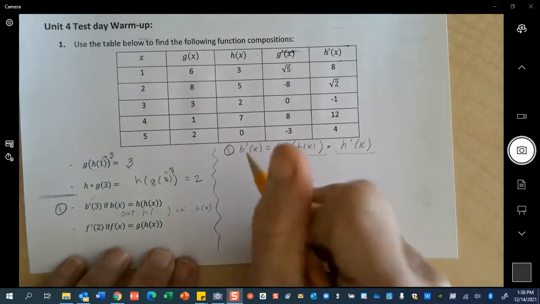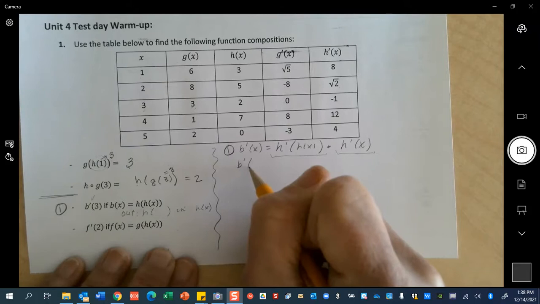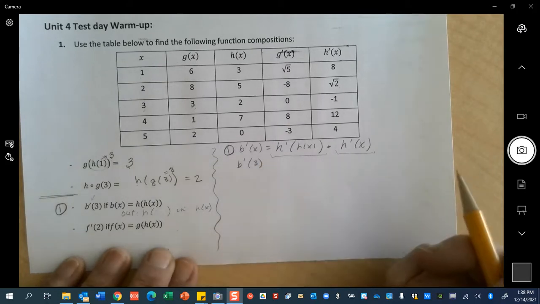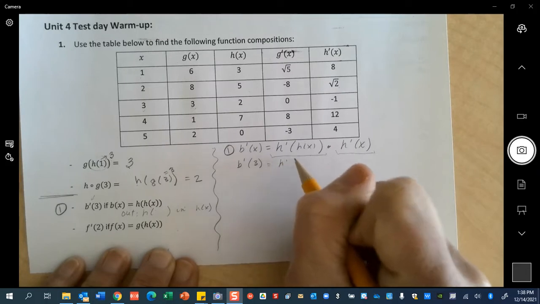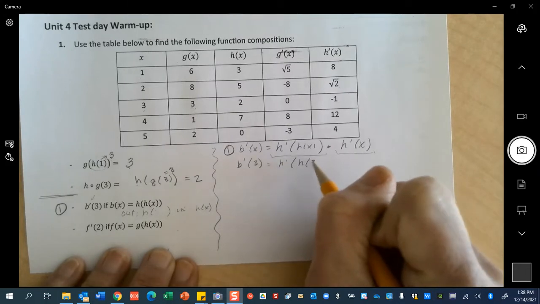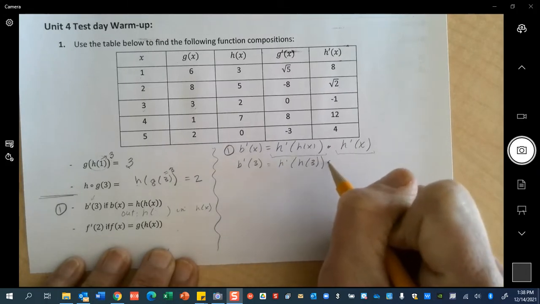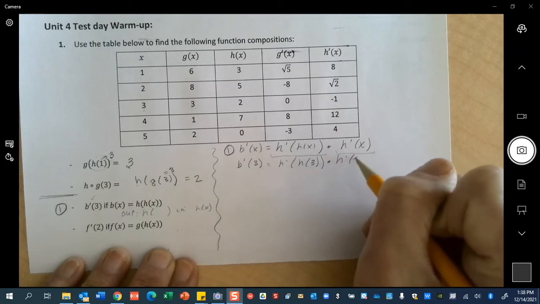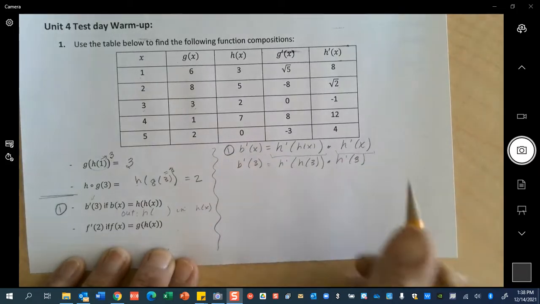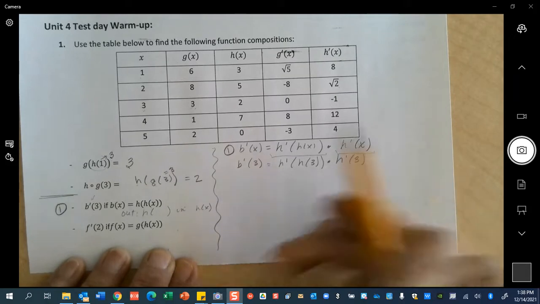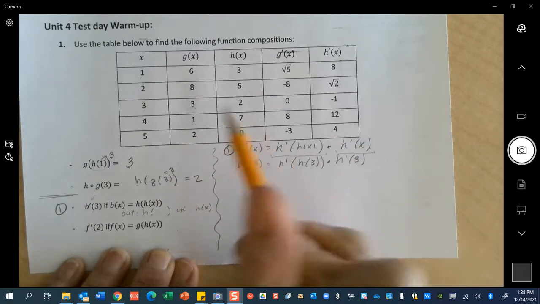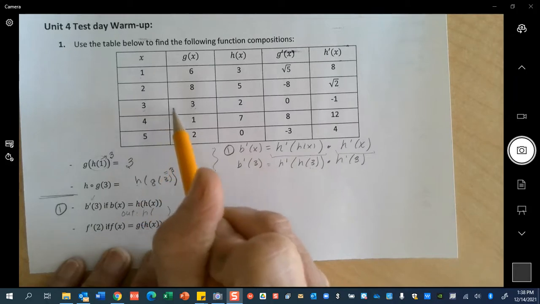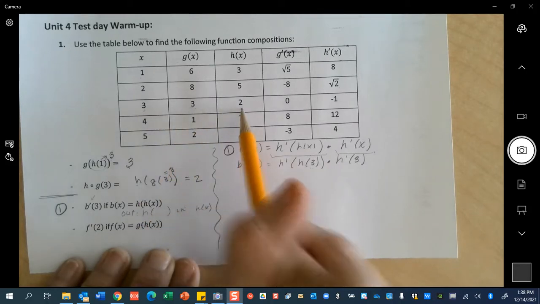So when I go to do my values, h prime of 3, I'm substituting 3 in for these values. So what I need is, the same as we did this piece by piece, 3 goes into h. What comes out? 2 comes out.